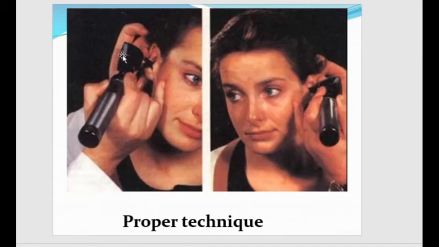See how to hold the otoscope. We hold it like a pen and we support the cheek with this finger. The other hand is to straighten the canal. This is the opposite side. Good.